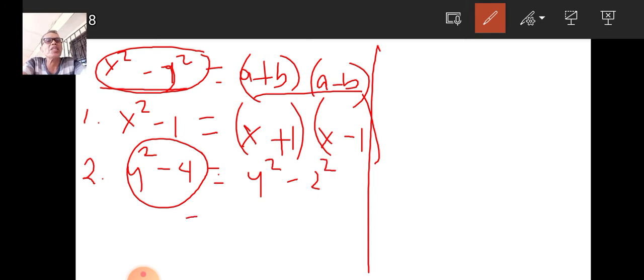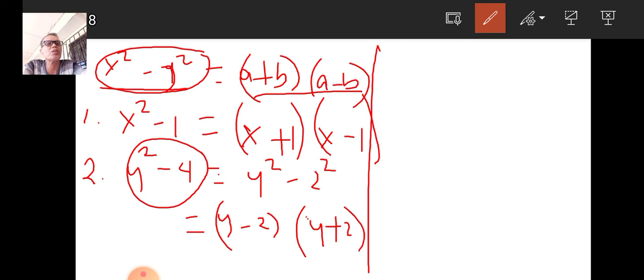So disregard the exponent, copy the base. So the base is y minus 2. Since the factors of the difference of two squares, you have one factor which is y minus 2, the other factor must be y plus 2.